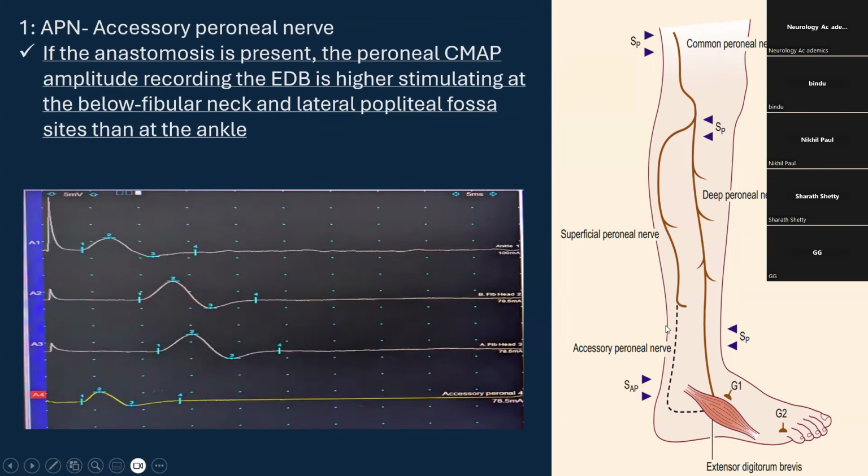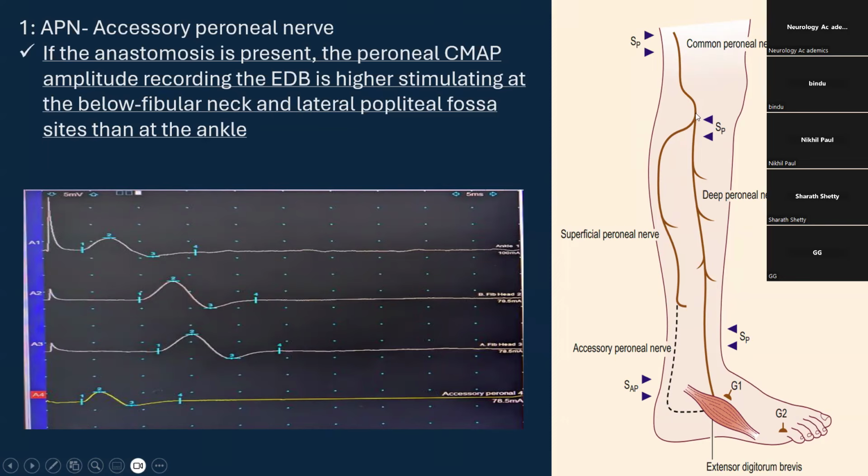But in few patients, due to an anatomical variation, the lateral part of the EDB is also supplied by the superficial peroneal nerve, and the medial part by the deep peroneal. Here, if we stimulate at the ankle, we get only half of the muscle stimulated. That's why we get a lower amplitude.